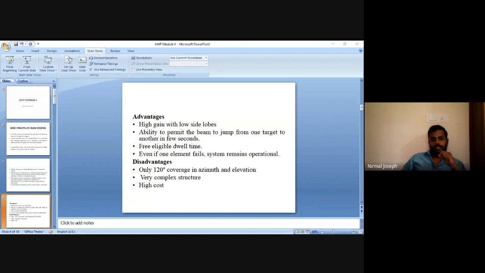One antenna is not working. Still, I can achieve beam steering in a particular direction. How can that be possible?